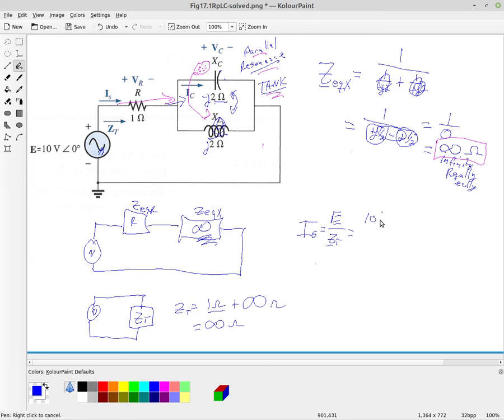So we're going to have some finite number of 10 volts angle 0 divided by infinity, which is going to give us a current of 0 amperes. So 0.0 amperes at an angle of 0.0 degrees.